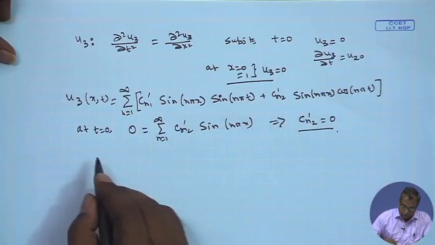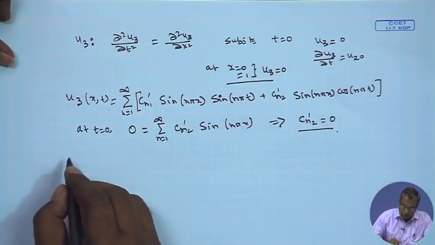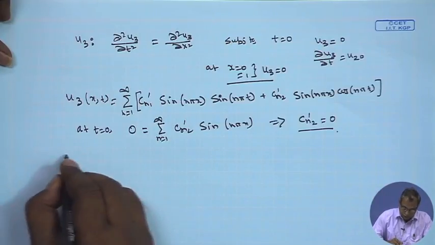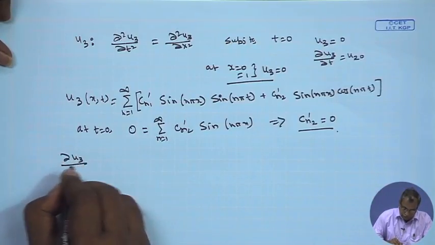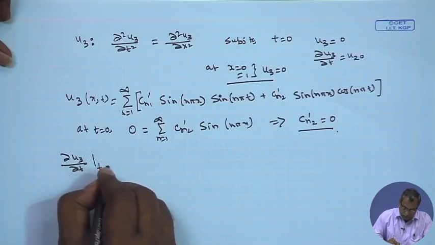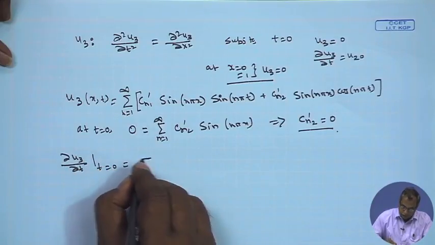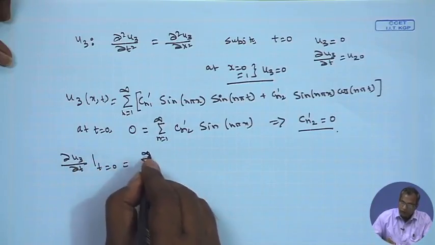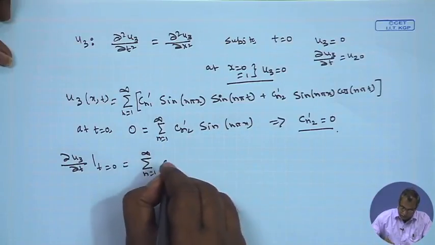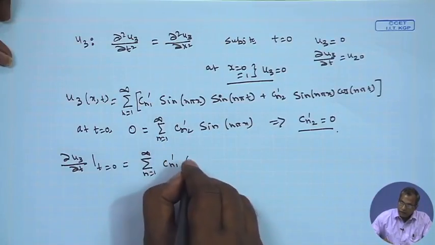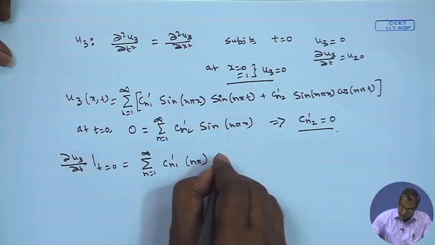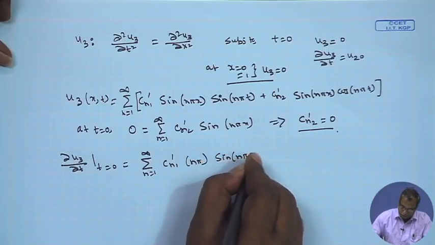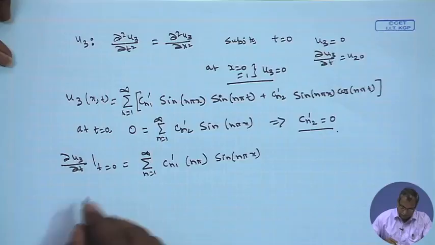Okay. Then we took the other one, del u 3 del t. So, del u 3 del t at t is equal to 0 will be giving you the value summation n is equal to 1 to infinity c n 1 prime n pi sin n pi x, and del u 3 del t is equal to u 2 naught.